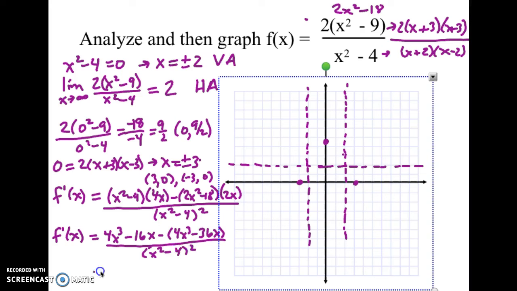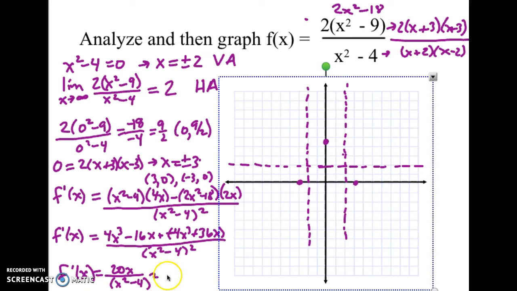And then combining like terms after I distribute that negative, that'll be a negative 4x to the third and a positive 36x. So the 4x to the thirds cancel out, and 36x minus 16x is 20x over x squared minus 4, that quantity squared. That's my first derivative.